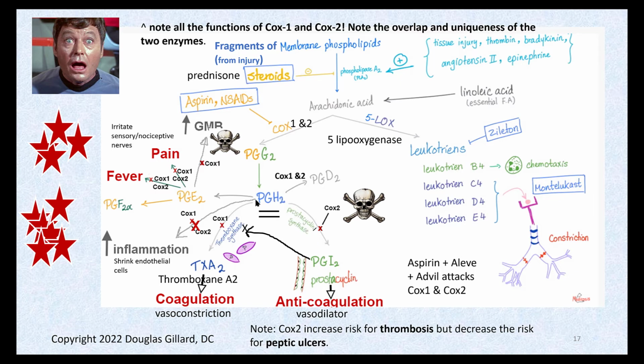So normally, COX-2 is a cofactor and helps prostacyclin synthase make prostacyclin. So COX-2 is responsible for that. COX-1 is responsible, in combination with thromboxane synthase, of converting PGH2 into thromboxane A2, which is a coagulator.